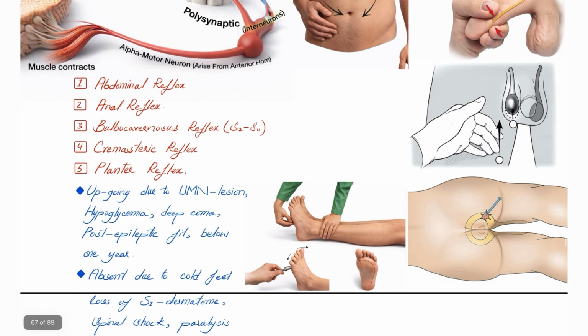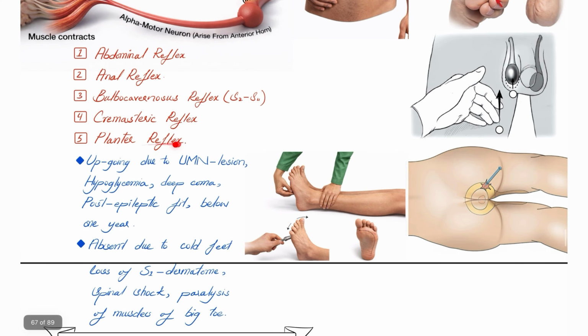There is an interesting fact about the plantar reflex. If the plantar reflex is upgoing, which we call Babinski sign positive, then it can be because of an upper motor neuron lesion, hypoglycemia, deep coma, or post-epileptic fit, and it is normal in infants.